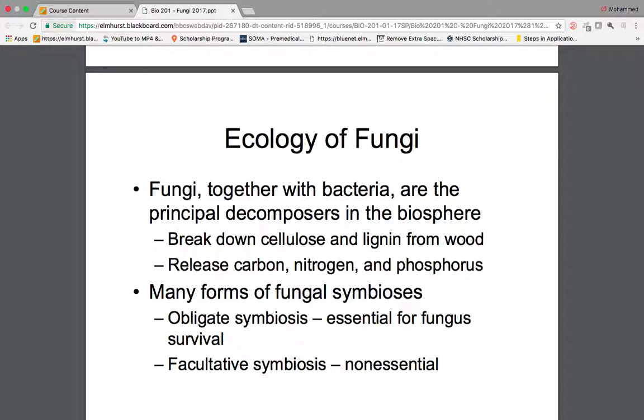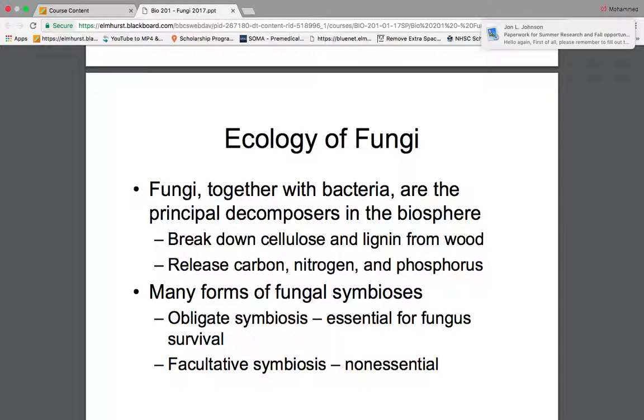But if it weren't for fungi, and bacteria, out there breaking down dead and dying material and recycling it through their own metabolism and breaking it into small enough components that other things could use, we would literally be buried in lignin and cellulose and other biological molecules that otherwise don't get broken down.